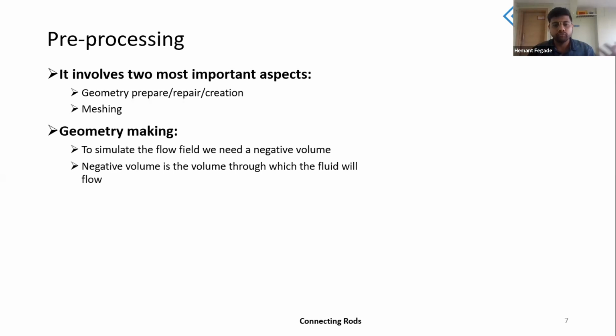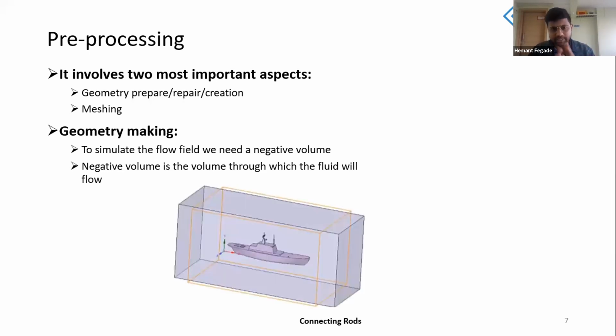We need to create that negative volume, and that is called geometry making. It also involves geometry repair and cleanup, which we'll see. I'll probably be better able to explain it through the actual simulation, so that it will be much clearer over there. Now the context is something like this.